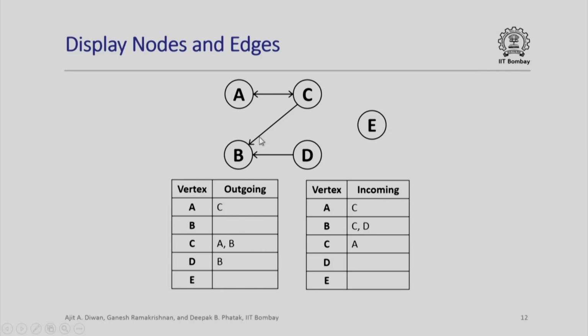If you look at this graph, from A to C there is an outgoing edge, there is no outgoing edge from B, there is an outgoing edge from C to A and B, there is an outgoing edge from D to B, and there is no outgoing edge from E. So, this will be a representation of the display of the vertices and outgoing edges.